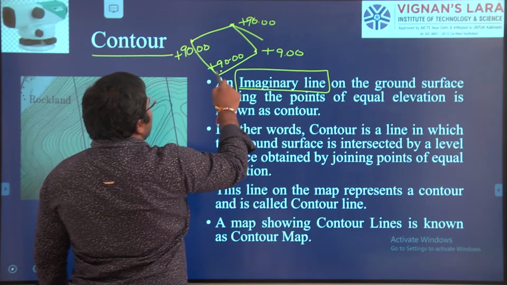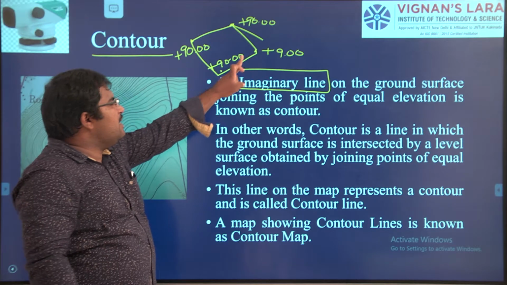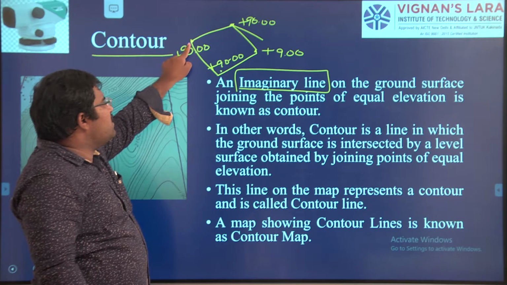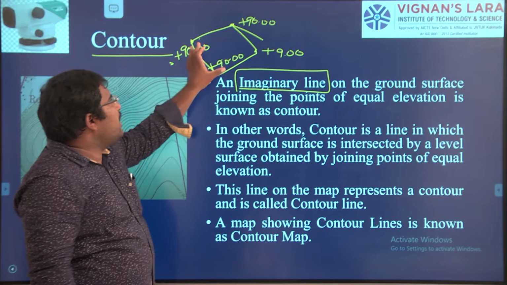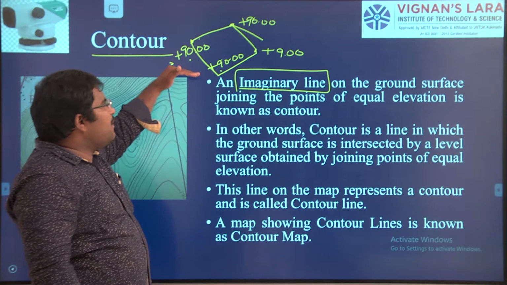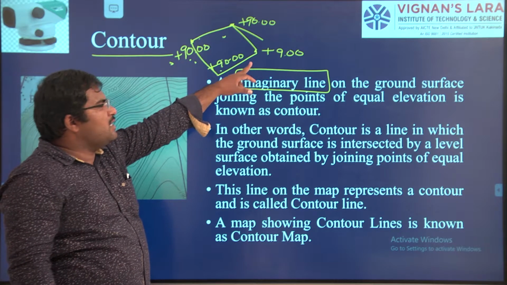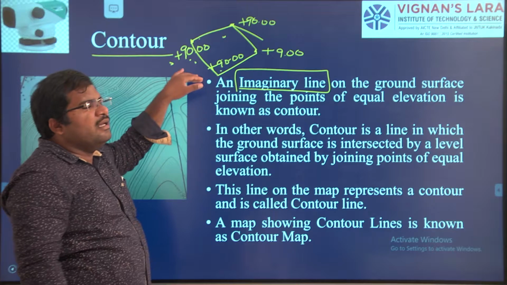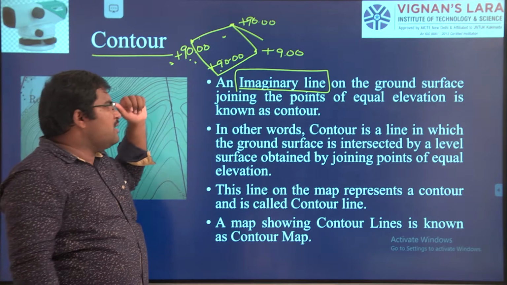It is an imaginary line drawn on the ground surface joining the points of equal elevation. It is 90 from MSL, mean sea level, this point is at 90, this point is at 90, this point also is at 90. So these all have equal elevations.